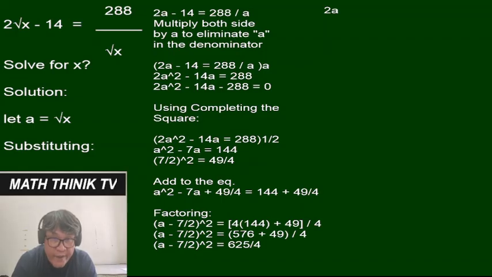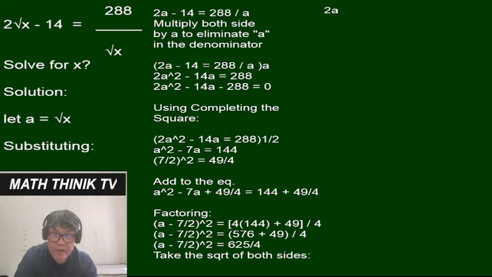Then we square or take the square root of both sides, no? So, take the square root of both sides.